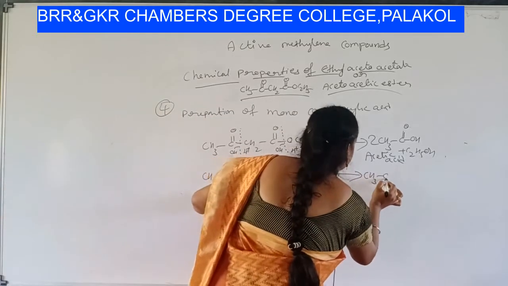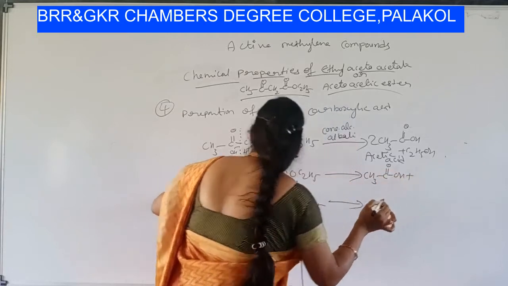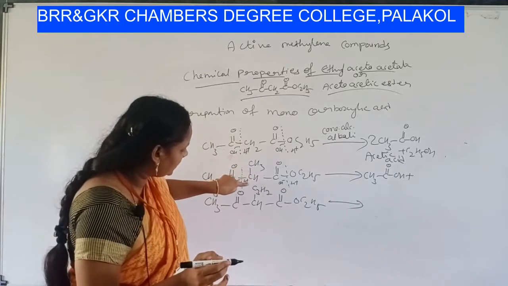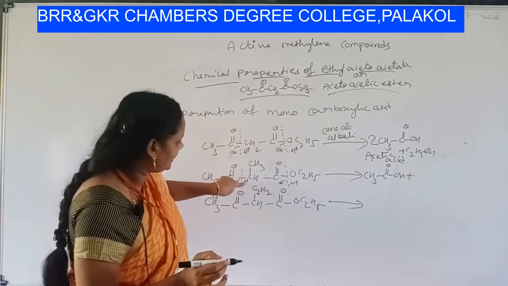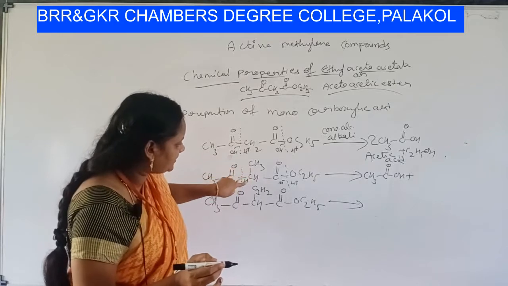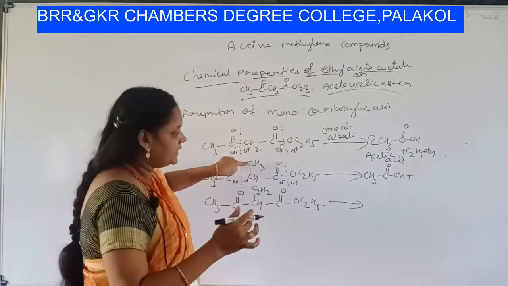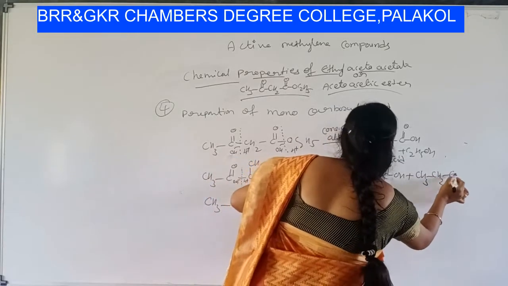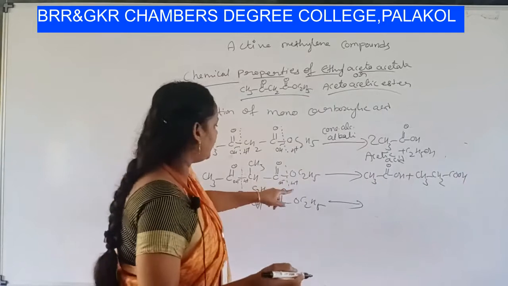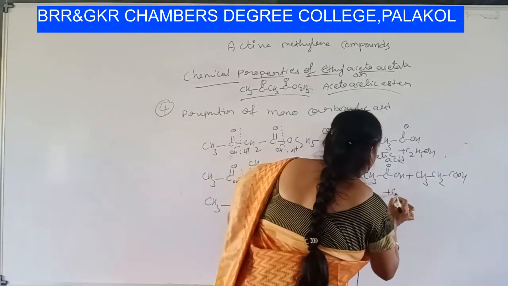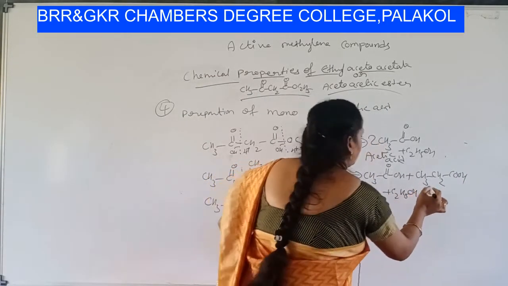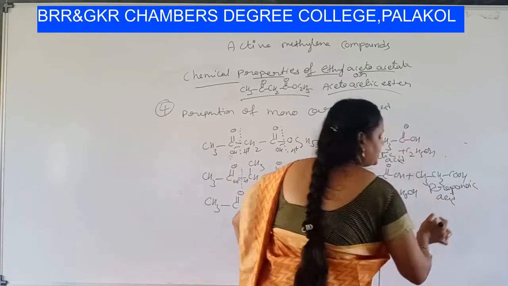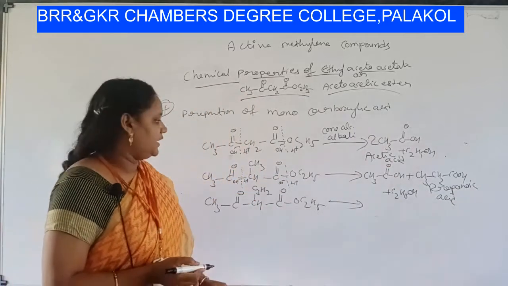Let me write CH3, C double bond O, OH plus here CH3, I have added H plus to CH here. So it will become CH2. So I am writing from here CH3, CH2, COOH. Next, C2H5OH. So we have prepared propanoic acid. Okay, students, we have prepared propanoic acid.